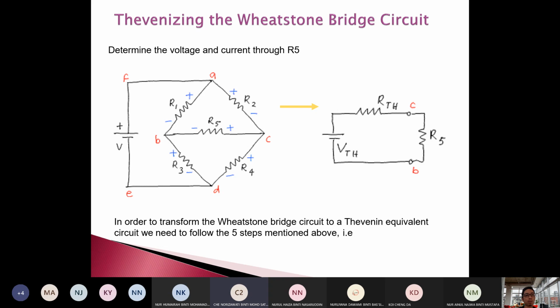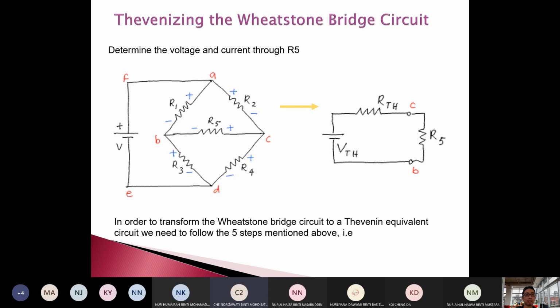Let's say you're given R1, R2, R3 and R4. R1 and R3 would be in series, and R2 and R4 would be in series as well. Then you make it parallel between these two, between R1 and R3 and R2 and R4.